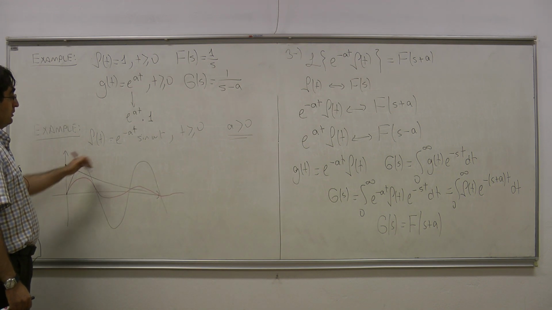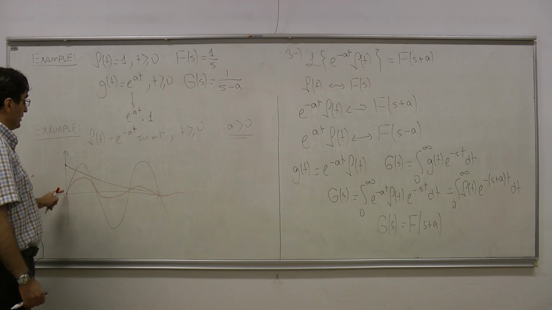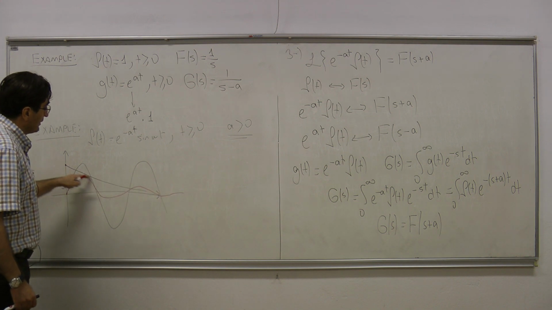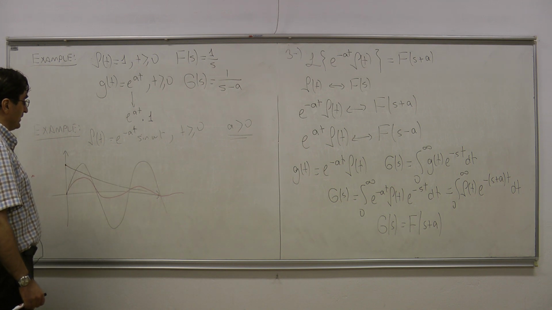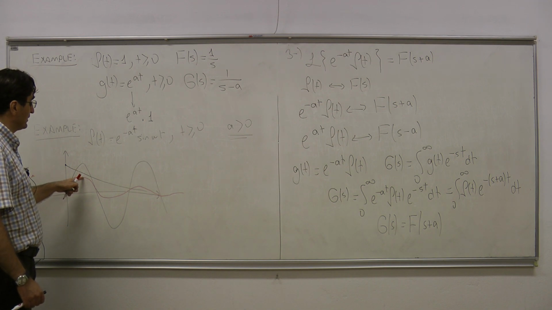Okay, so when I have minus at here, when a is positive, I would have a decaying sinusoid, because this decaying exponential is going to modulate the amplitude of the sine function. So as the exponential decays, the maximum amplitude of the sine function is going to be decaying.